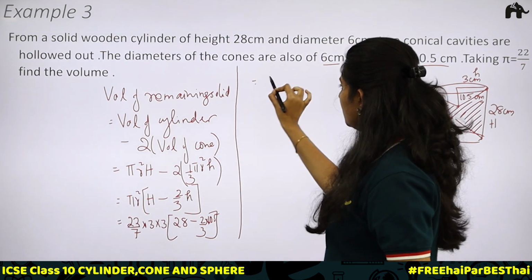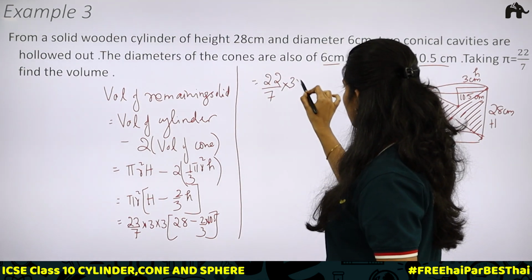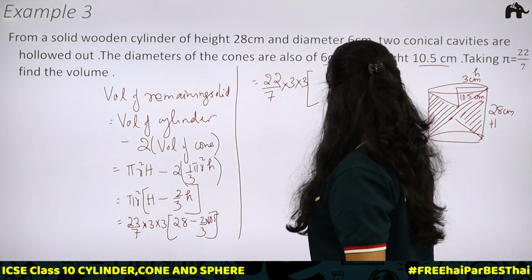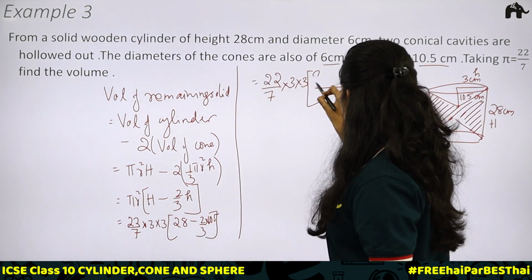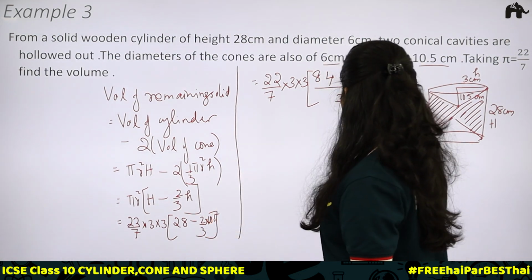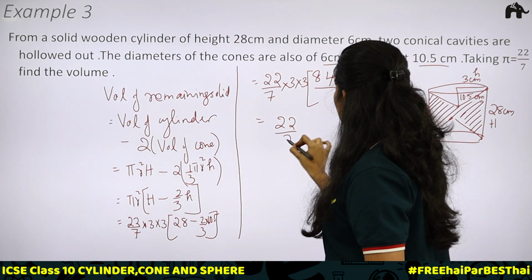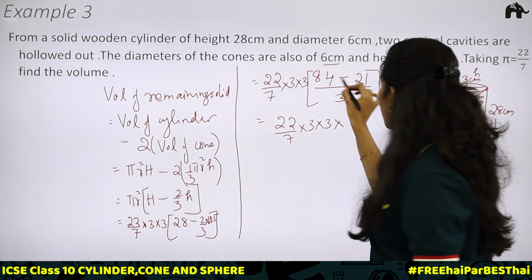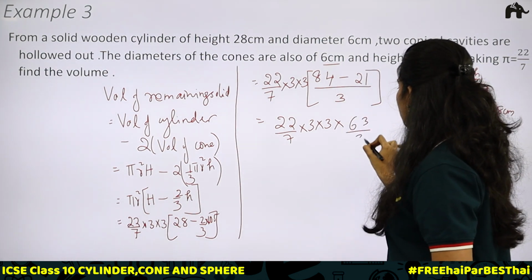That is equal to 22 divided by 7 into 3 into 3, and 3 is taken as the LCM. Here we will have 84 minus 2 into 10.5, which is 21. That is equal to 22 by 7 into 3 into 3 into 84 minus 21, which is 63, divided by 3.